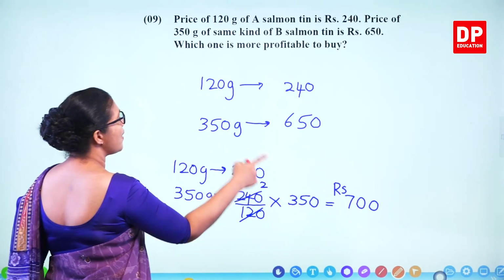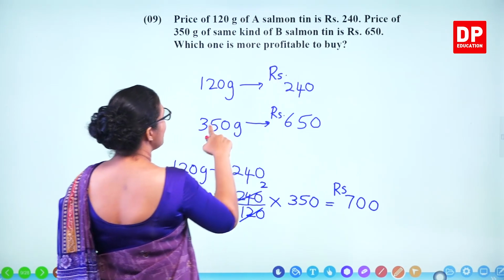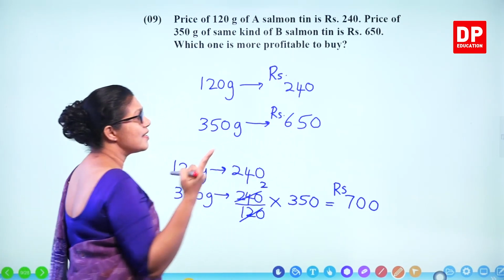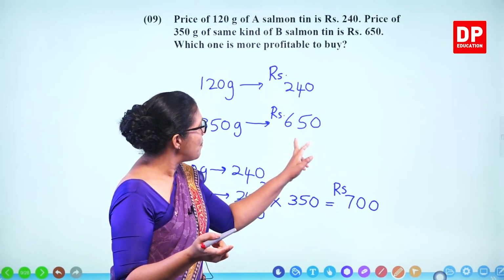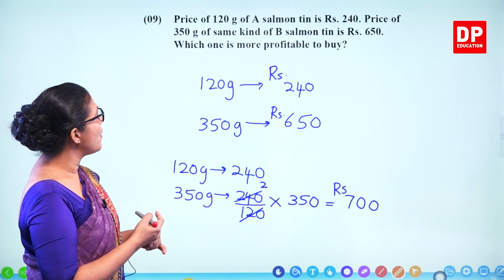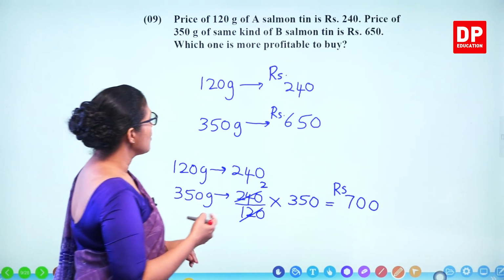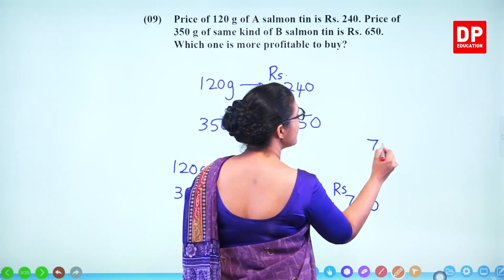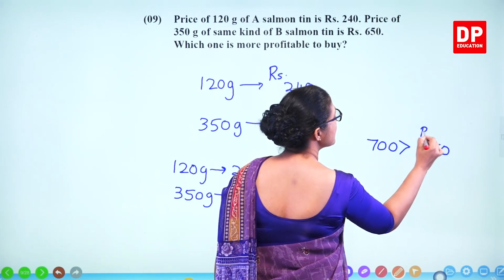Now, you can compare with this value and this value. So, 350 grams is 650. So, 50 rupees is cheaper here. So, which one is more profitable to buy? 350 grams of salmon. So, we can say 700 is greater than 650 rupees.